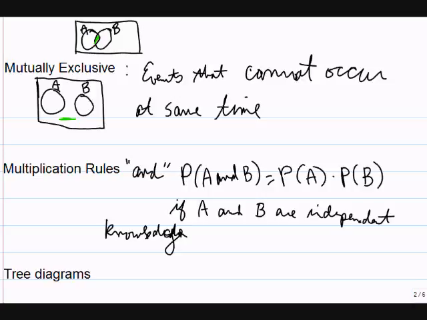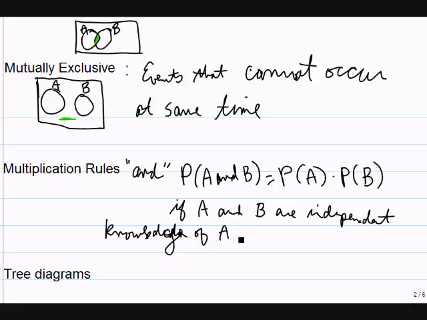Language, we're not doing a significance test. We're looking at the whole populations, and we're deciding whether the knowledge that one event happens affects the probability of the other.